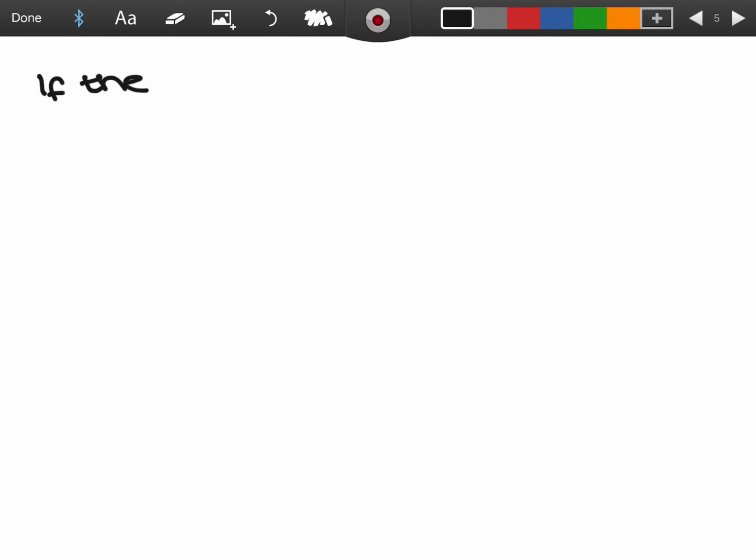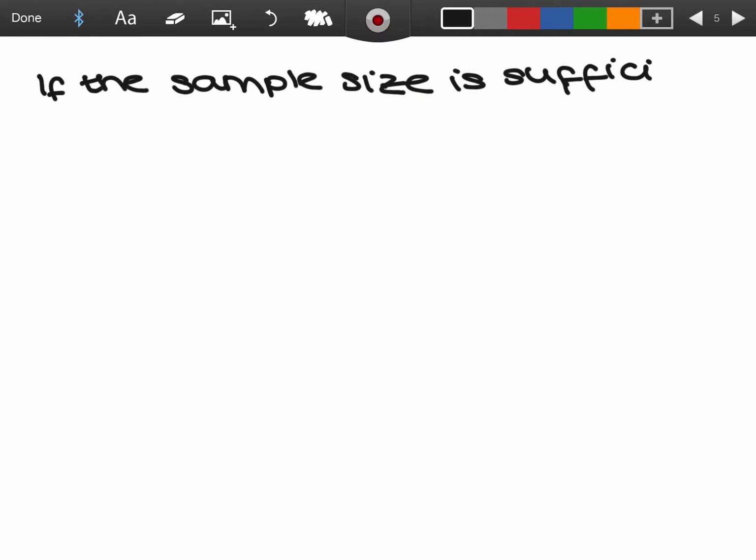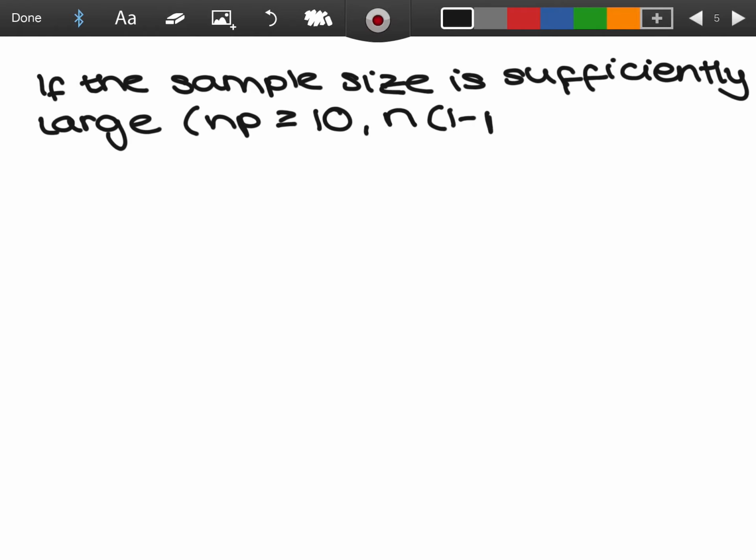In this case, we have two other properties to satisfy for the sample size to be large enough. If you go back in your notes, that means our sample size times our population proportion should be at least 10, and our sample size times 1 minus p has to be at least 10. That means that I have a large enough sample size.